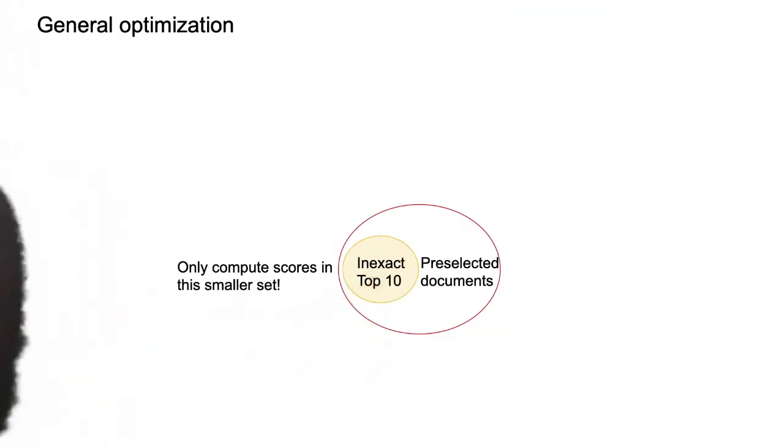But it's going to be an inexact top 10 because that's a top 10 in a smaller set. And of course, it has consequences. We might miss documents. Maybe there were relevant documents outside of this pre-selected set. It's a price to pay. We're missing them, and we have an inexact top K retrieval. In many cases, people are happy about that.